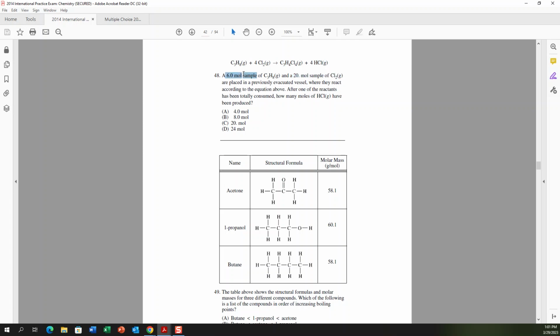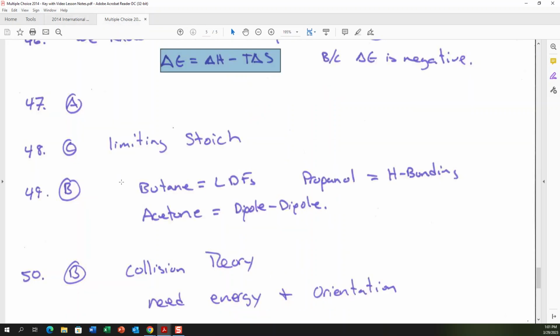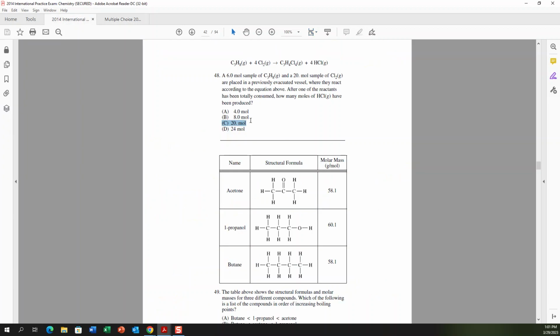But if 6 moles of propane react, then what's 6 times 4 over 1, you could get 24 moles. So propane would be our excess reactant and chlorine would be the limiting, so we're only going to be able to get 20 moles of the HCl. So which number was that? 48. So 48 should be 20 moles, which was choice C.